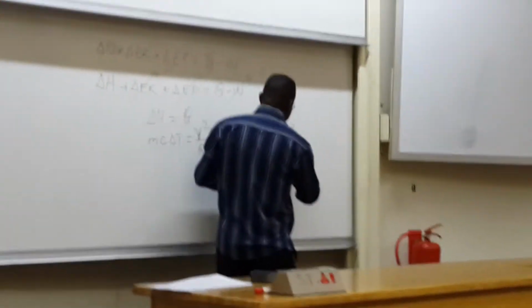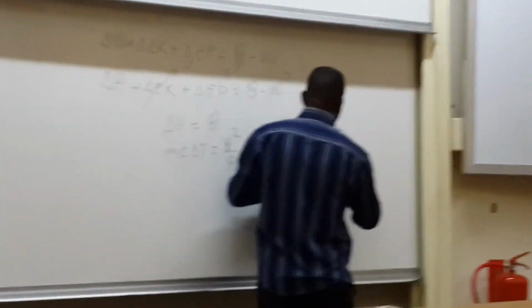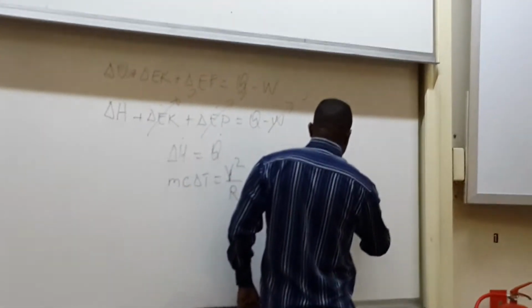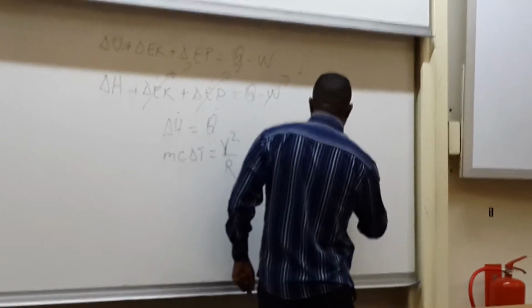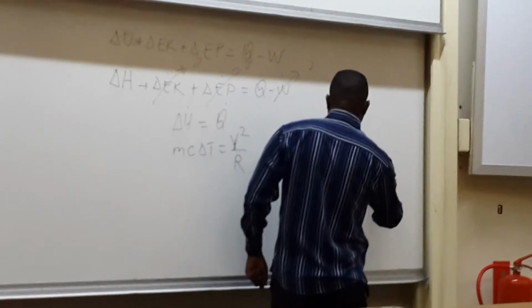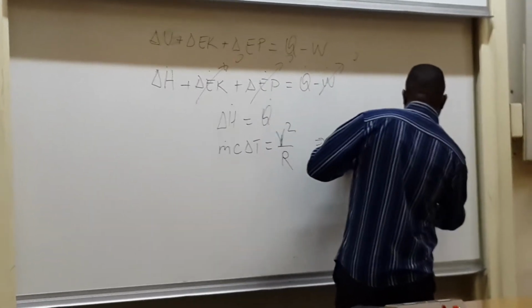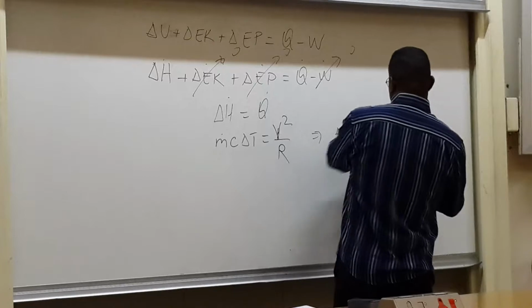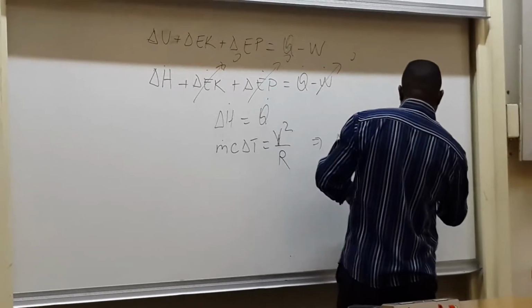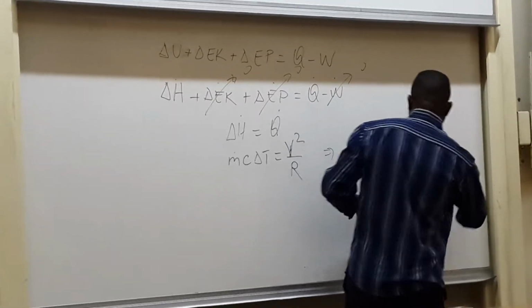giving delta t, which is a change in time. It's going to be equal to the mass R over V squared, C delta T. Yeah.